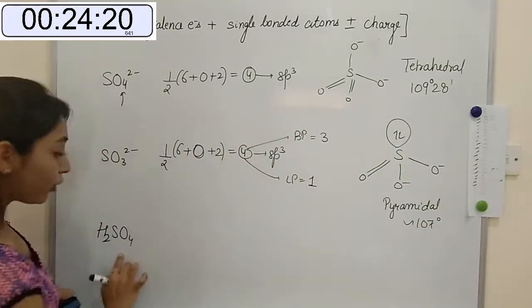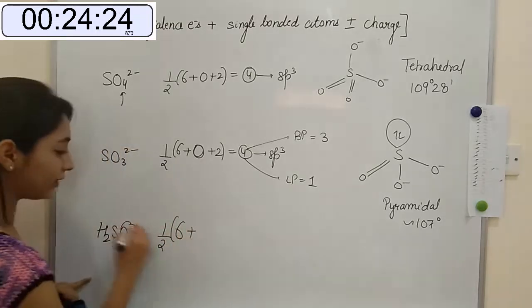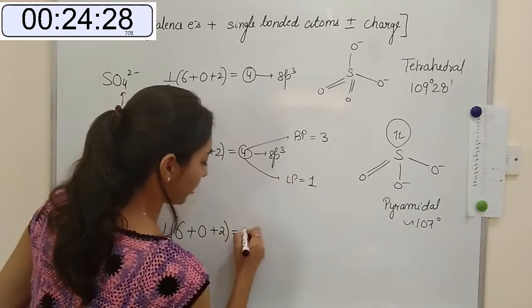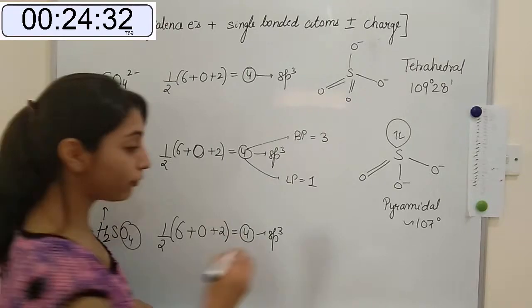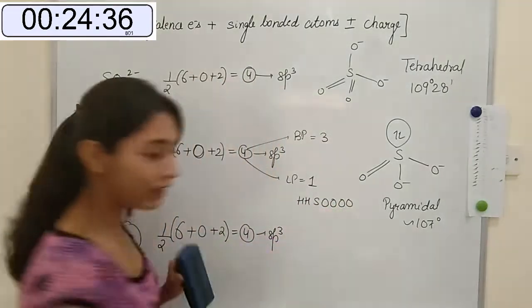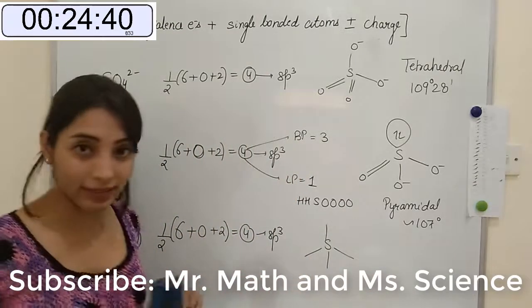Done. Moving to H2SO4, half. Sulfur is 6 plus oxygen is 0 plus 2 hydrogens are there, so 2, which comes out to be 4. 4 means sp3. Now be careful, you write H2S and 1, 2, 3, 4. Write like this. So put sulfur in the center and 4 bonds like this.